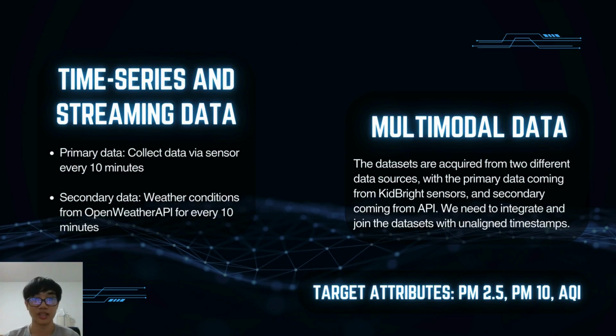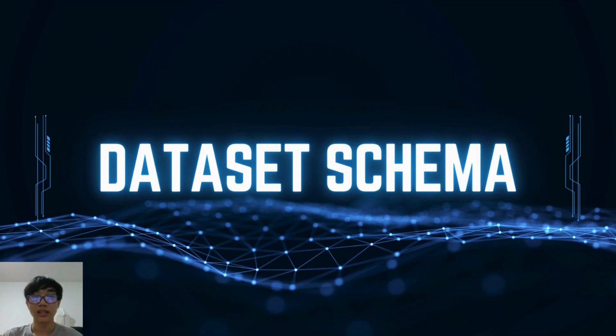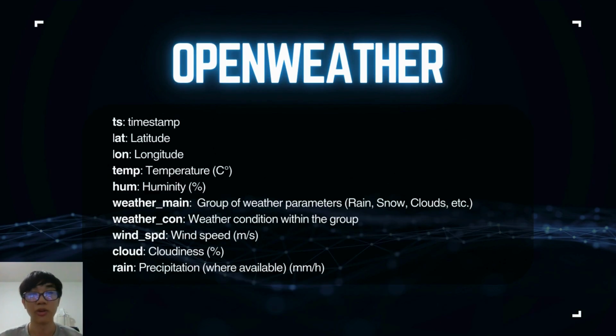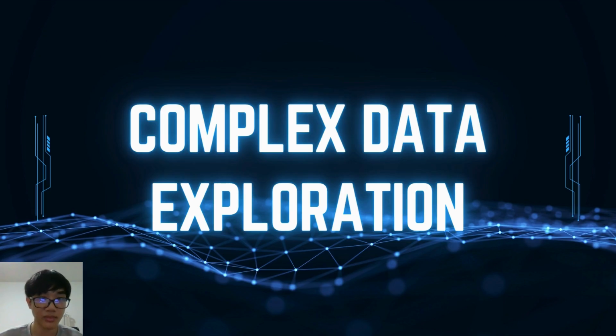So we need to join these. And the target attributes that we aim to predict are PM2.5, PM10, and AQI, Air Quality Index. Here is a brief schema. You can see that since it's a time series, there's a timestamp for both primary and secondary data.